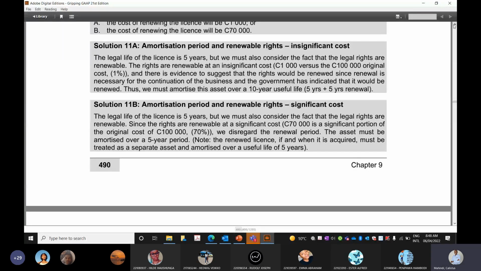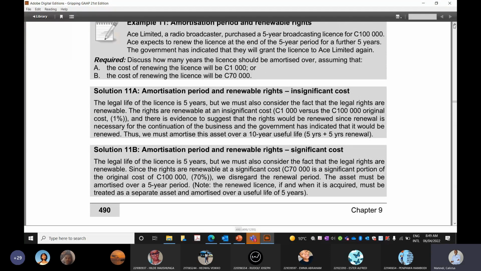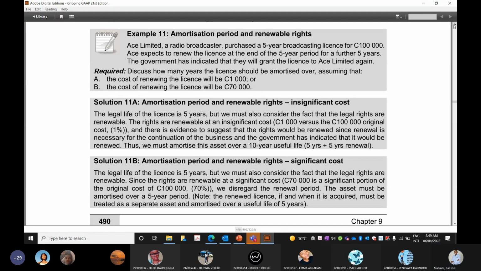So what about now, in the first instance, the question that was asked: what should be the cost of the intangible asset? For the first instance, would the cost of the intangible asset be 100,000 or would it be 101,000?